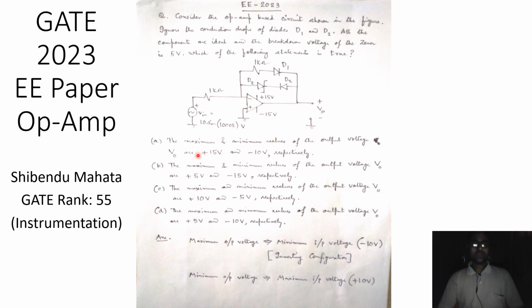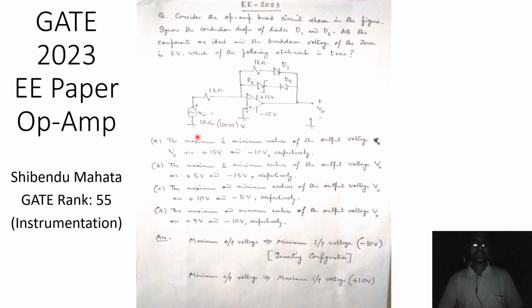If we are only interested in the maximum and minimum values of the output voltage, then we can understand that the maximum value of output voltage can only occur when the input voltage is at its minimum, and the output can be minimum only when the input voltage is at its maximum value.